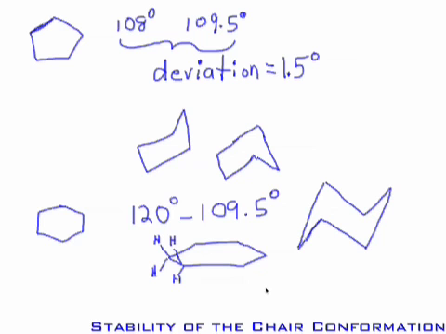Wow. It is bent at both ends. If you like, puckered at both ends. And this puckering totally staggers all of the hydrogens and makes the bond angle at each carbon 109.5 degrees exactly.